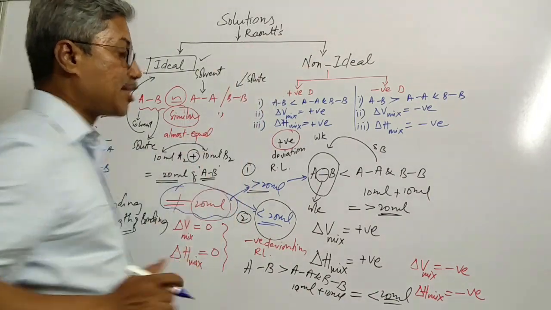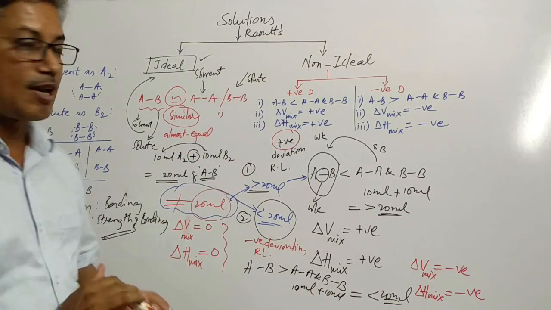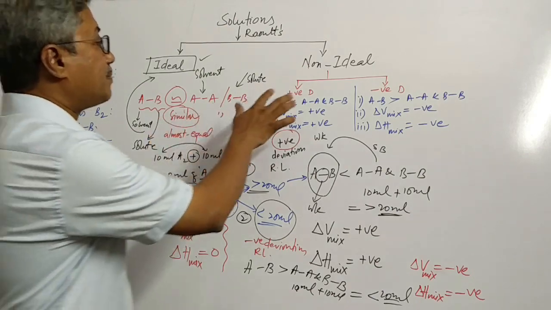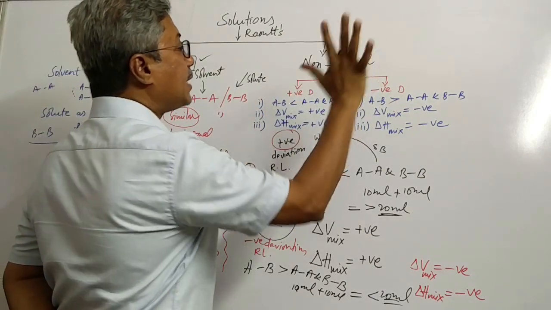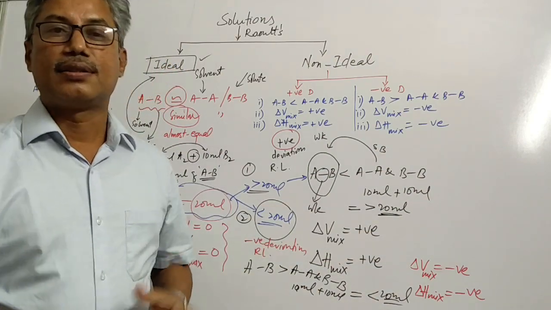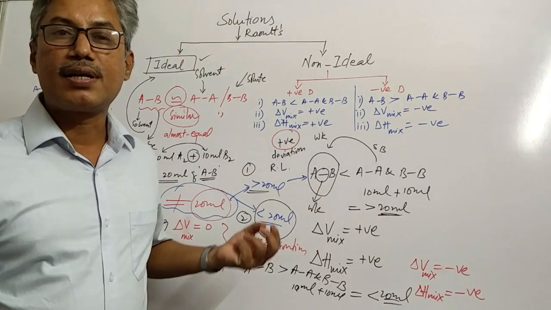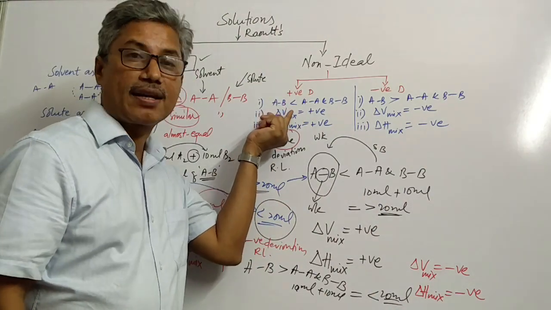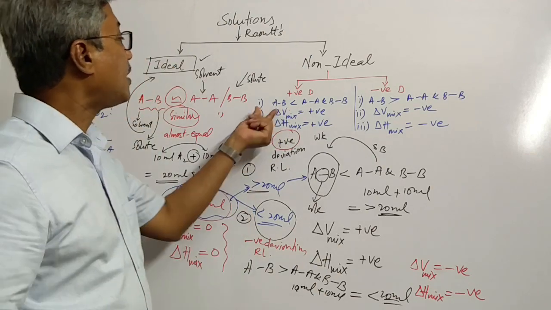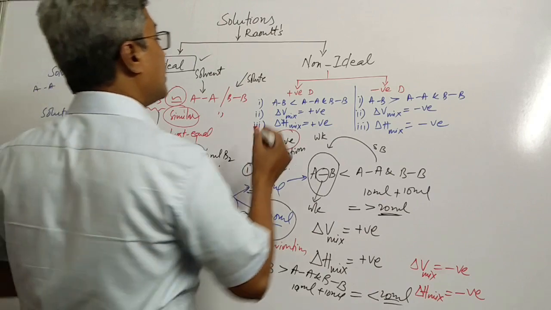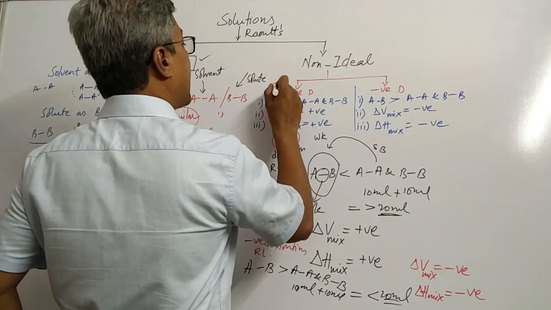Okay. Therefore, these are the characteristic properties of the non-ideal solutions. How many types of non-ideal solutions are there? Two types. One shows positive deviation, another shows negative deviation. What are the positive deviation solutions? The solutions in which solvent-solute interactions are weaker. These are weaker bonds, weak bonding.